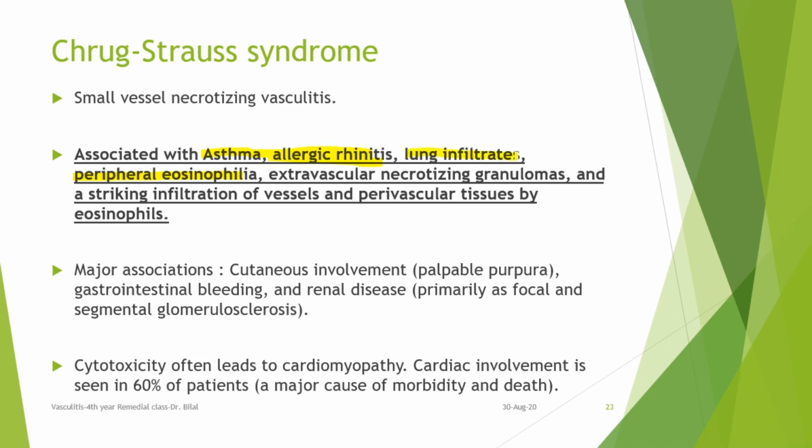Then there are lung infiltrates, but along with that, there's peripheral eosinophilia, an increased eosinophil count in the peripheral blood, and then extravascular granulomas can also be found. Some cases, when advanced, may lead to cardiomyopathy as well. But remember, this is not in a child. We've talked about a child: Kawasaki disease is still the most important one with respect to infants and young children.